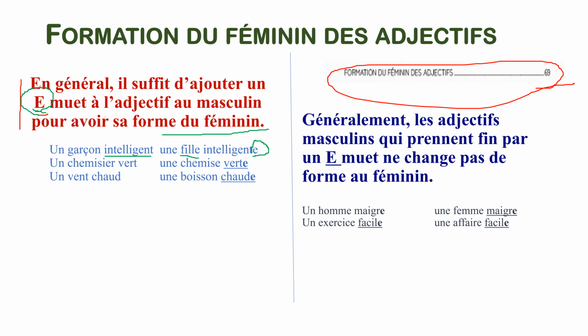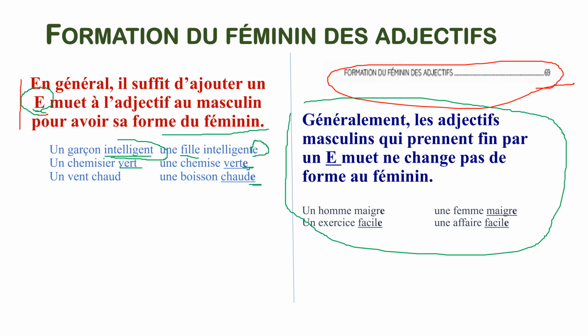All you have to do is add an E to the masculine form, and you have your feminine adjective. Un chemisier vert becomes une chemise verte. You add your E. You see here, V-E-R-T au masculin. The feminine would be V-E-R-T-E. Un vent chaud, une boisson chaude. Here you go.